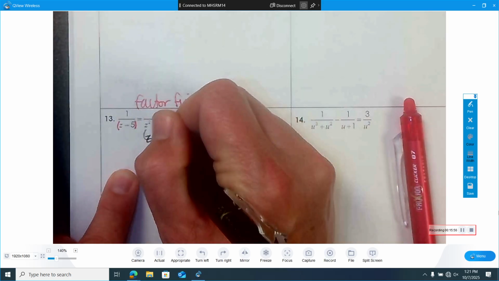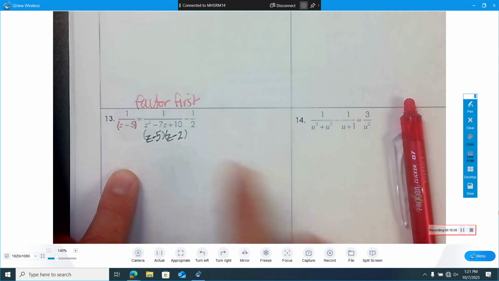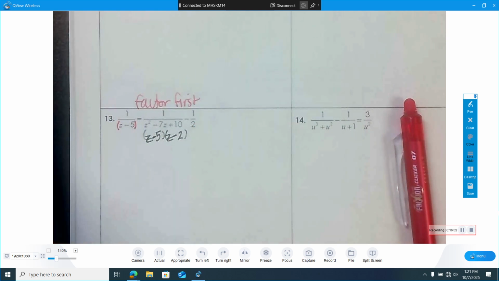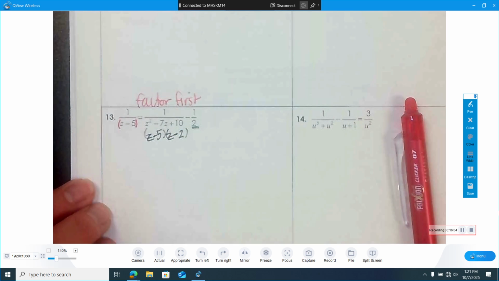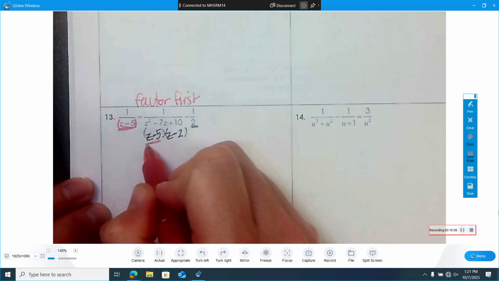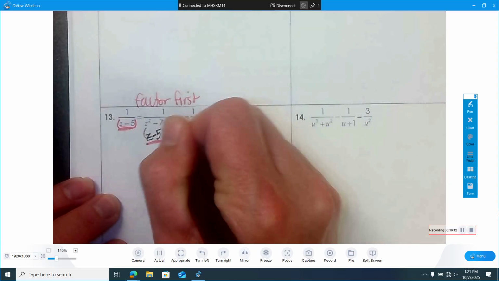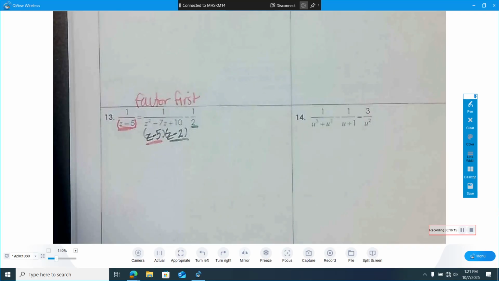Negative 5 and a negative 2. Beautiful. And then 2 is its own little factor as well there. So there's a green 2. There's a red z minus 5 bubble. And a black z minus 2. We need all the colors. I need a red, I need a black, I need a green.